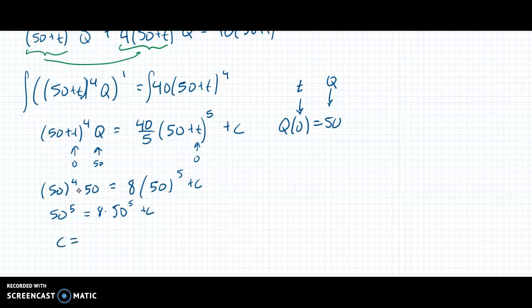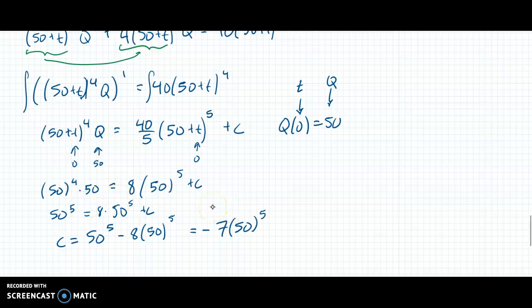So c is going to be equal to 50 to the fifth minus 8 times 50 to the fifth. A little inconsistent with my parentheses. But I got one of these messes minus 8 of these messes. So that gives me -7 of the messes. So that's my c value.